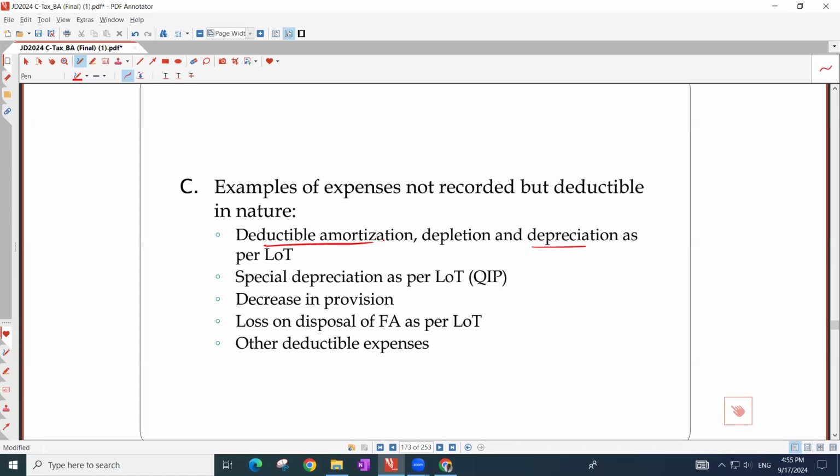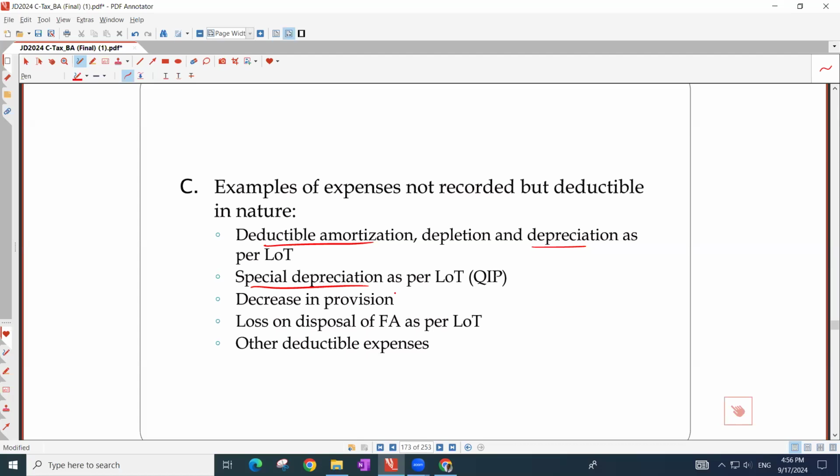Then about the special depreciation for QIP, some choose to do a special depreciation. Yeah, we can put it here. Decrease in provision. Last year we made a provision, but this year we say, oh, we don't have a provision.